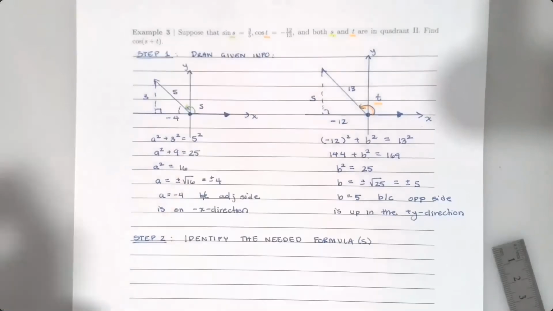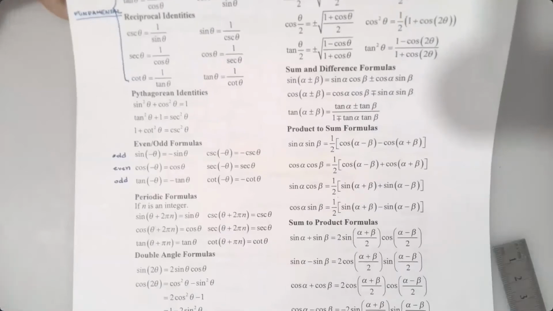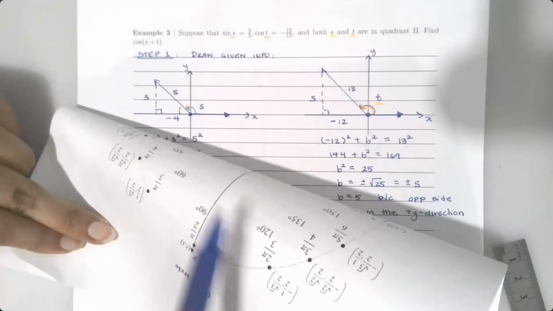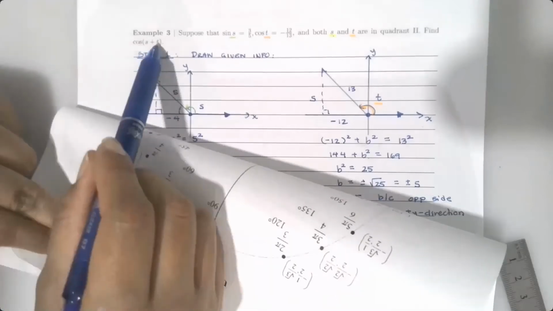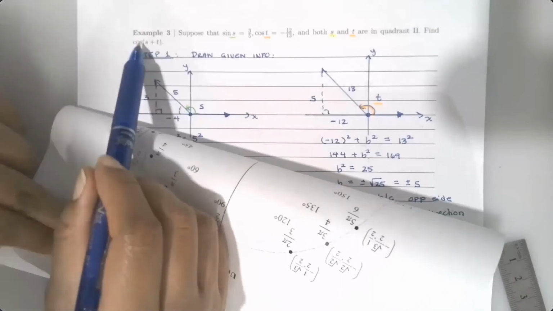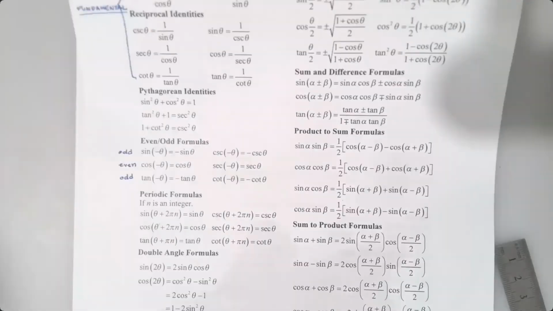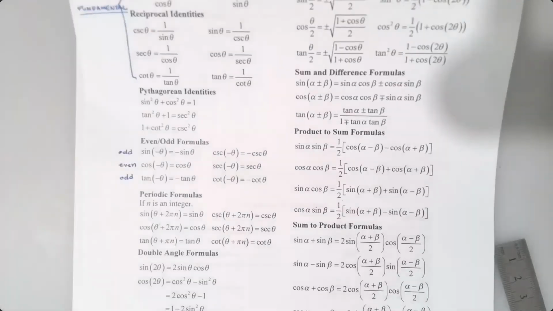Do you guys see any formula on this sheet that might have something like cosine of one angle plus another angle, even if it's not the S and T, if it's just other letters? Do you see cosine of two angles anywhere on here?